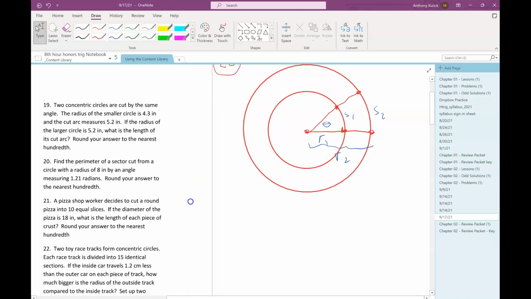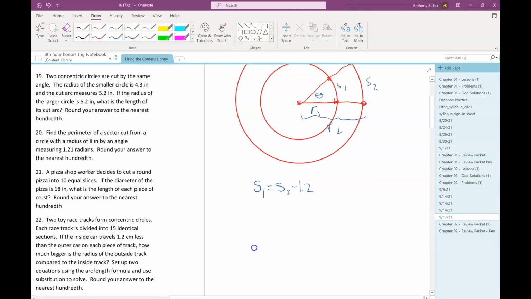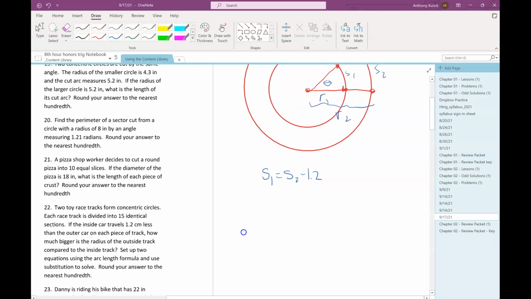It says if the inside car travels 1.2 centimeters less than the outer car on each piece of track, so that tells me that S1 is S2 minus 1.2. It says how much bigger is the radius of the outside track compared to the inside track.